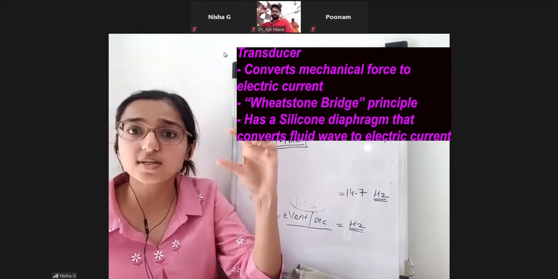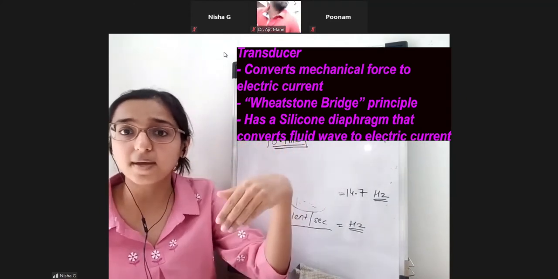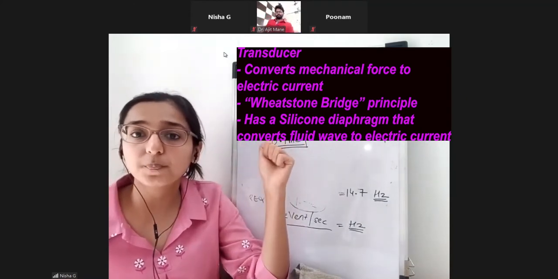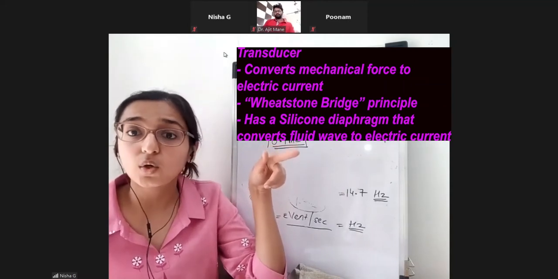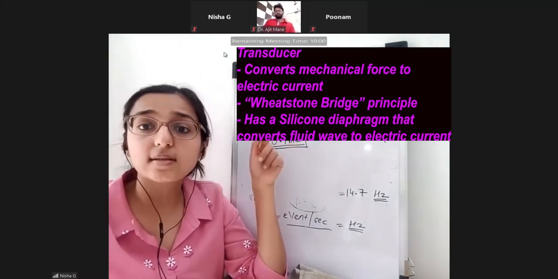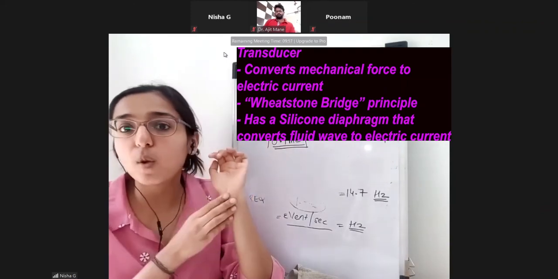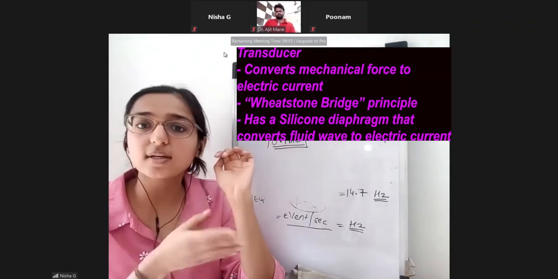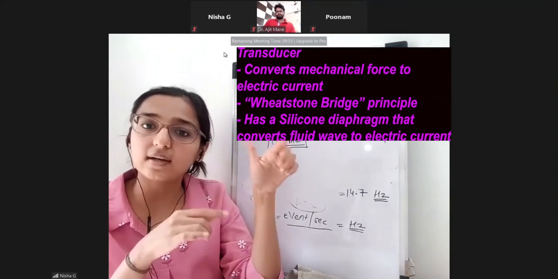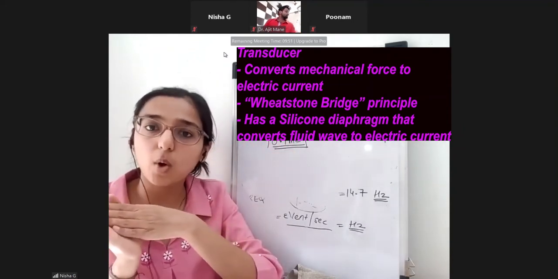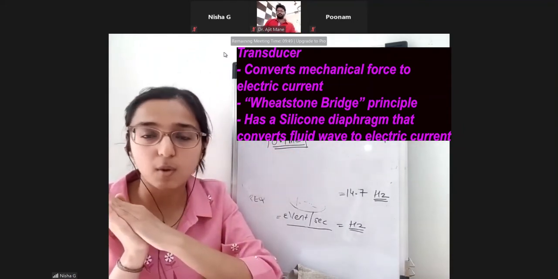So the transducer is between the NS point and the patient, and it has an electrical cable. What does it do? If a pulse wave is coming, it's in the form of mechanical energy. The transducer converts this mechanical energy into an electrical signal, sends it to the monitor, and the monitor displays it in graphical form.